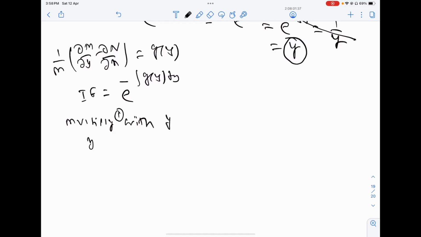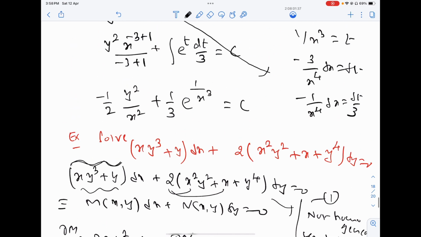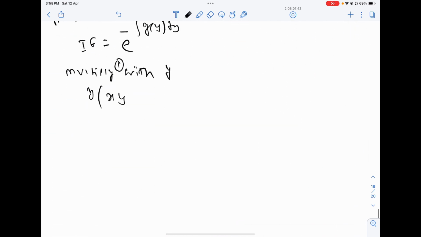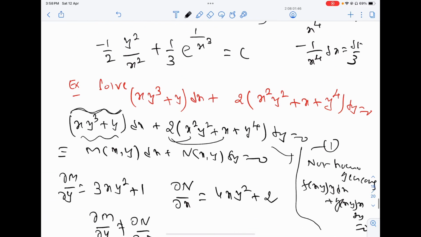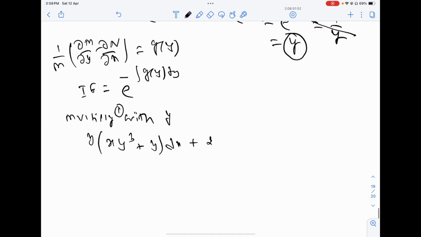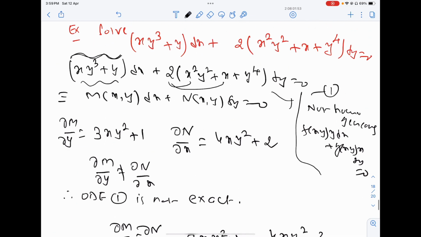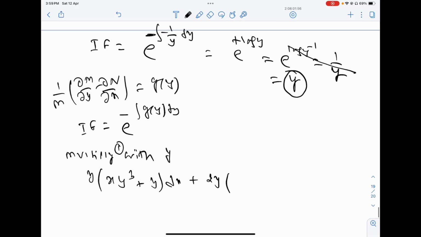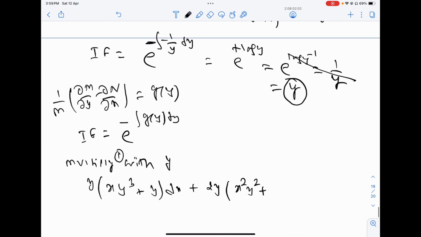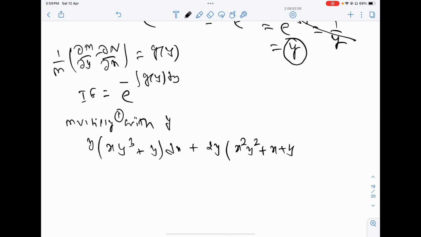So y into xy cube plus y dx, then 2 times y into x square y square plus x plus y power 4 dy equal to 0.